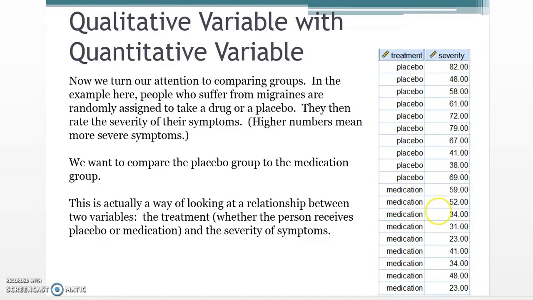They're trying to measure the severity of their migraines to see the outcome of the treatments. So we can see that treatment is categorical, which is qualitative, and severity has to be measured in numbers, which is quantitative. So we're looking at the relationship between these two variables, the treatment and severity.